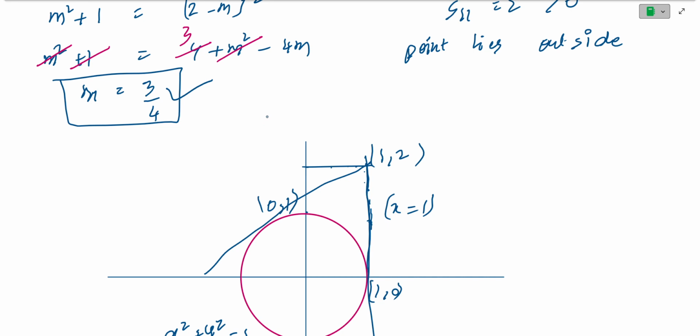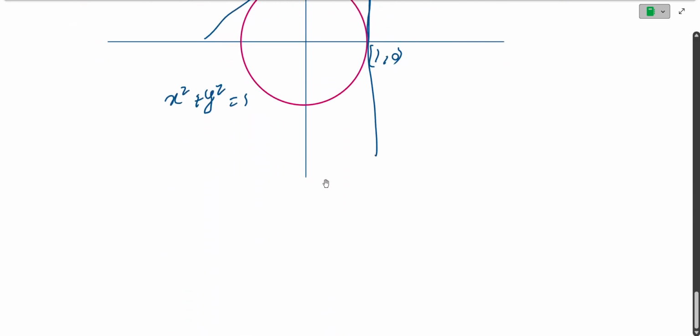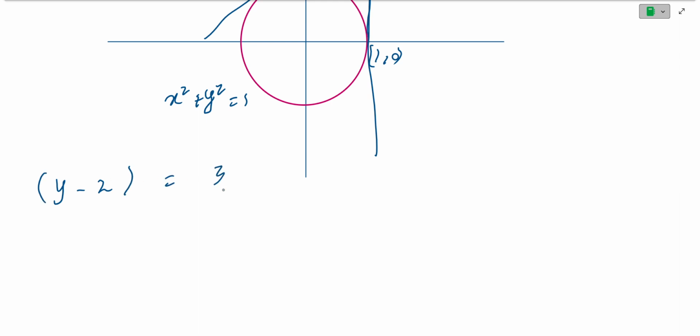The one more tangent equation will be with the slope 3/4. I'm going to find the equation of that tangent. Let me use y − y1, where y1 is the y coordinate of the point, that is 2, equal to m, which from the above discussion is 3/4, into x − x1, where x1 is 1, the x coordinate of the point.